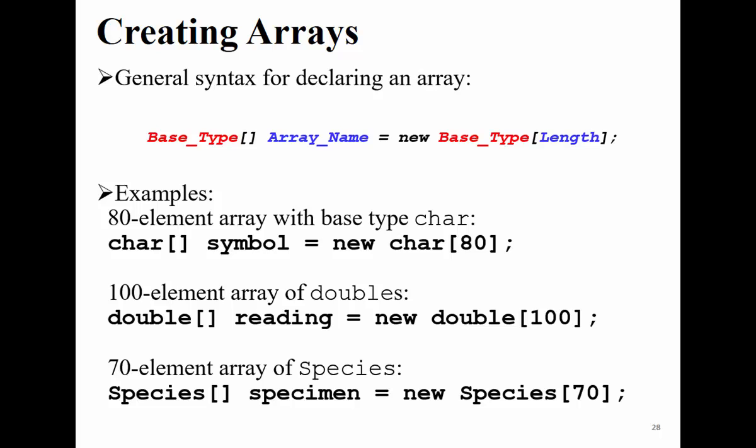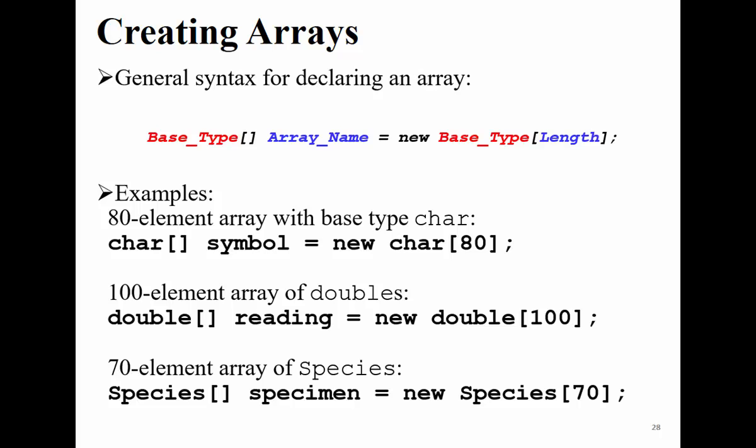Don't forget the semicolon. Yes, it will always point to these 100 elements, not the first one. You have to put brackets. We are going to come across how we can access the array in the next slides.